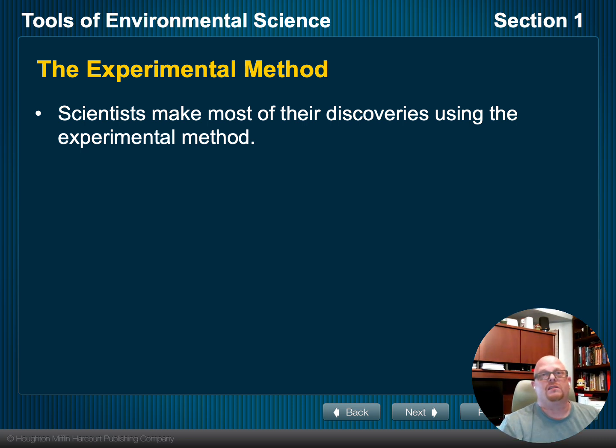Science is the study of... Scientists make most of their discoveries using the experimental method. That's important to say: they make the most of their discoveries. For a true scientist, the discovery may be completely counterintuitive, completely contradictory to what they thought or what their hypothesis was.